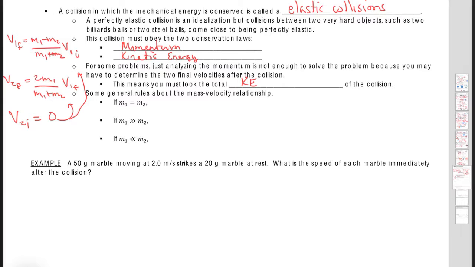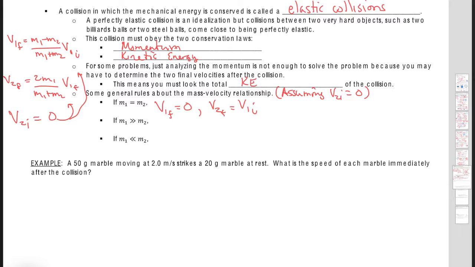Now some general rules about the mass and velocity relationship, again assuming v2 initial is 0. If the masses are equal, v1 final is 0 and v2 final becomes v1 initial. Think about billiard balls: one hits, stops, and the other keeps going.